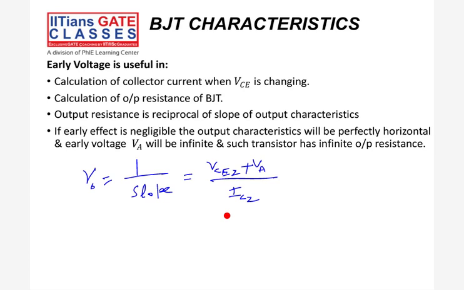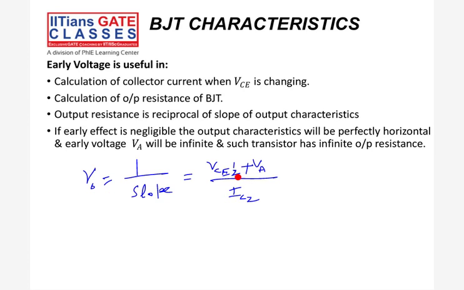If the early effect is negligible, the output characteristic will be perfectly horizontal, meaning it will be a straight line. There will be no change in the IC current when we increase VCE. If there is no early effect, the early voltage VA will be infinite, and such a transistor has infinite output resistance, because with infinite VA, R naught becomes infinite.